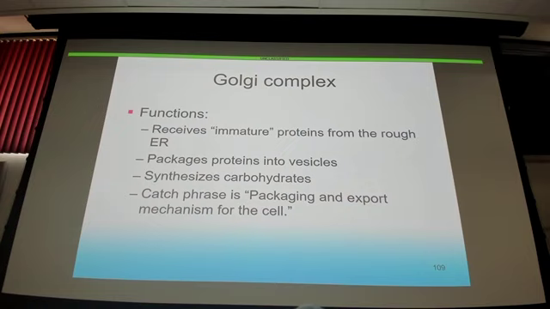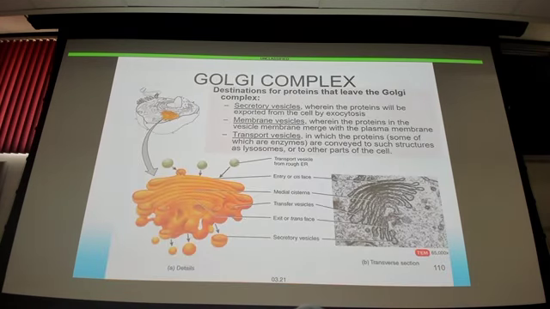So this is called the packaging and export mechanism for the cell. The Golgi complex, I put on there, it can synthesize carbohydrates, but its job is to take immature proteins and mature them to use them. The rough ER is going to make an immature protein.